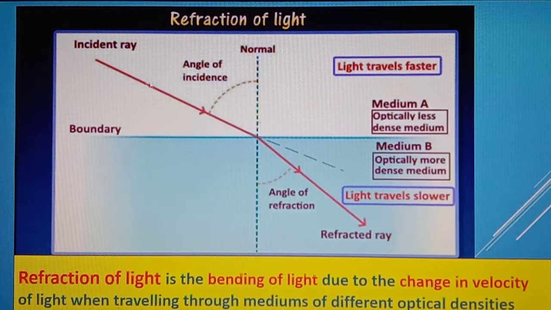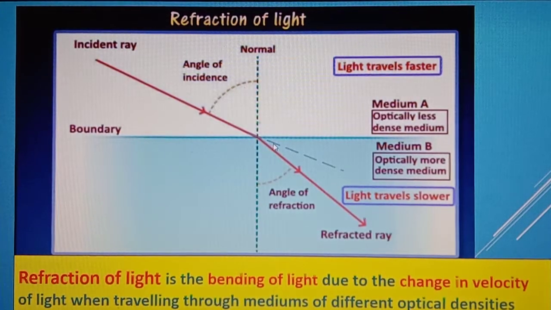So when the incident ray is incident at this point, we draw a normal line. A normal line is 90 degrees to the boundary. The angle between the incident ray and the normal line is the angle of incidence.